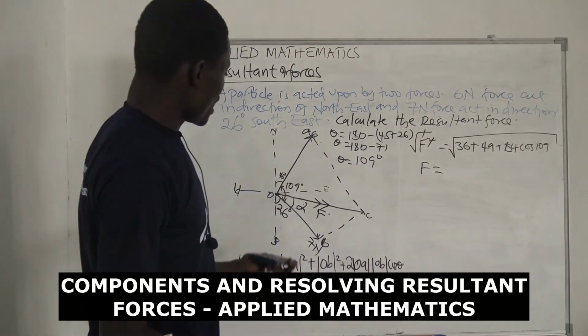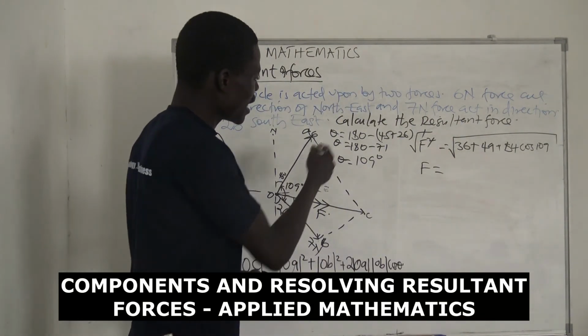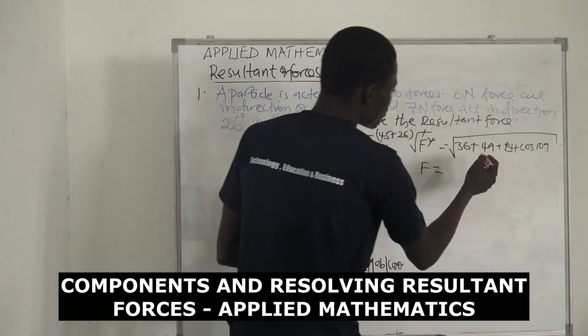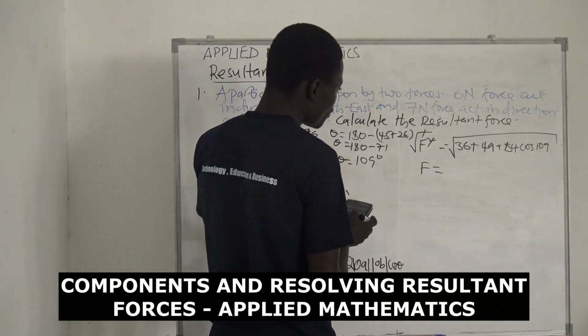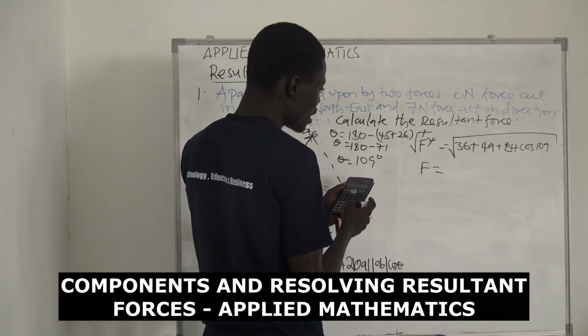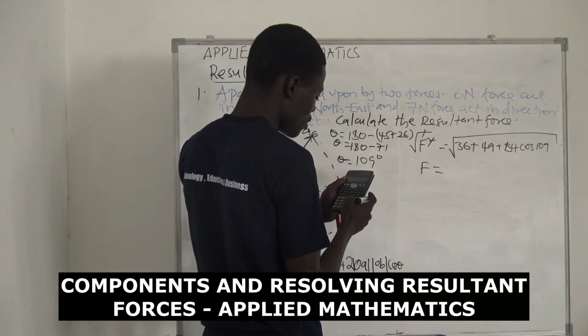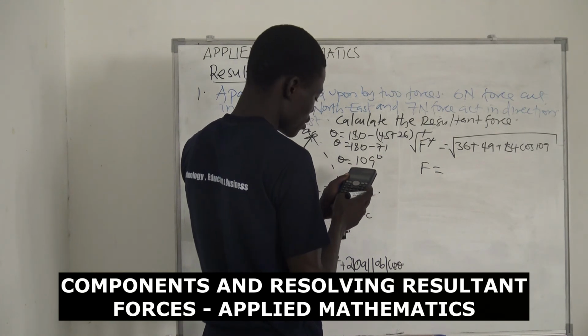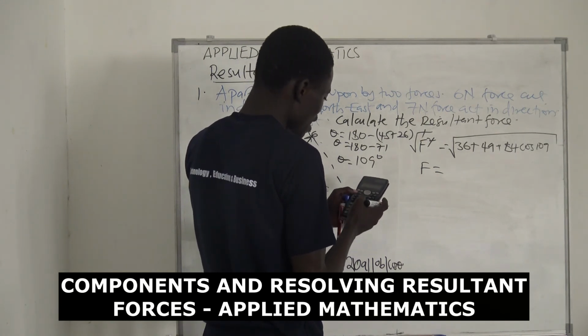It was because the other one we used the cos and we found it as negative. But since this one is positive, we are going to add, so we have 36 plus 49 plus 84 cos 109 under square root.